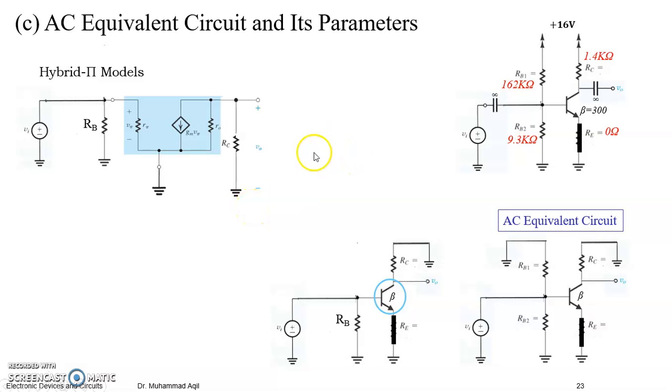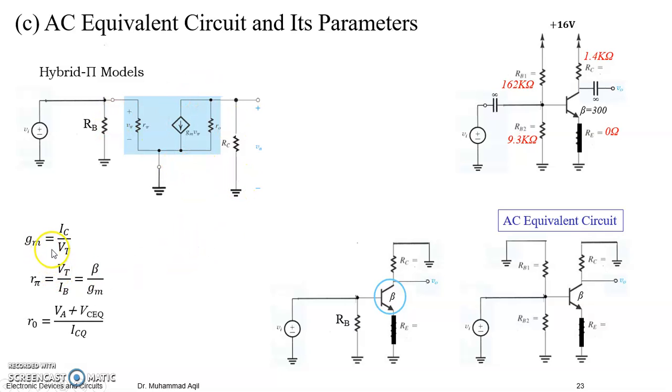So okay, now the hybrid pi model based AC equivalent circuit is completed, partially, because you have not yet found the values of the new parameters coming in this model, right?